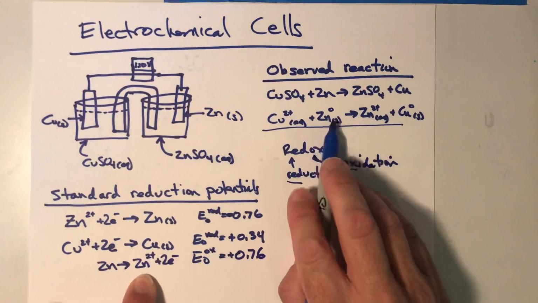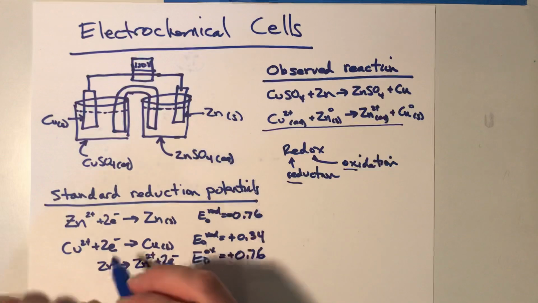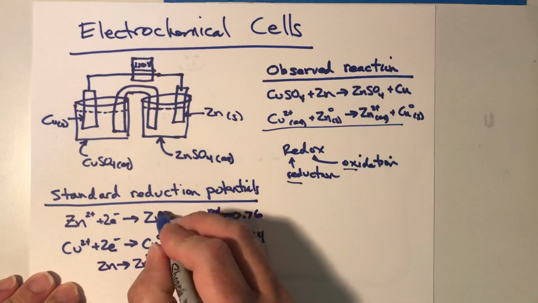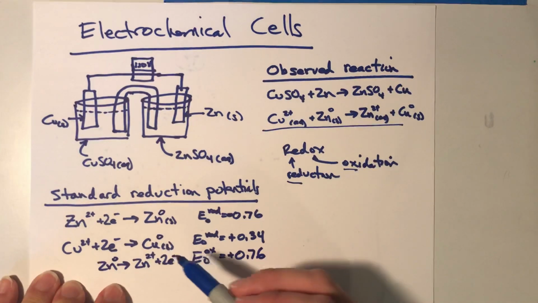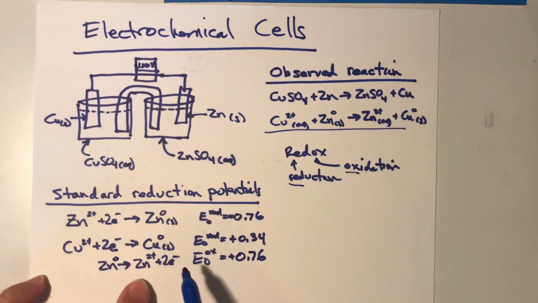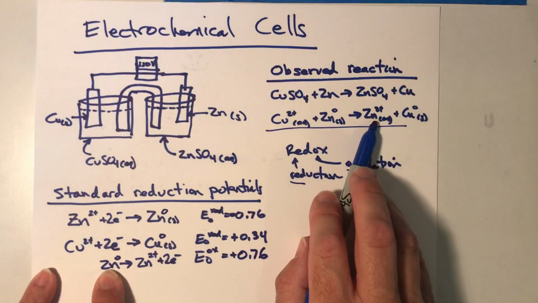This would match what we actually see happen in the reaction up here, right? I haven't noted my zero charges down here the way I did up here, but now I have. So the zinc is in reality being oxidized.